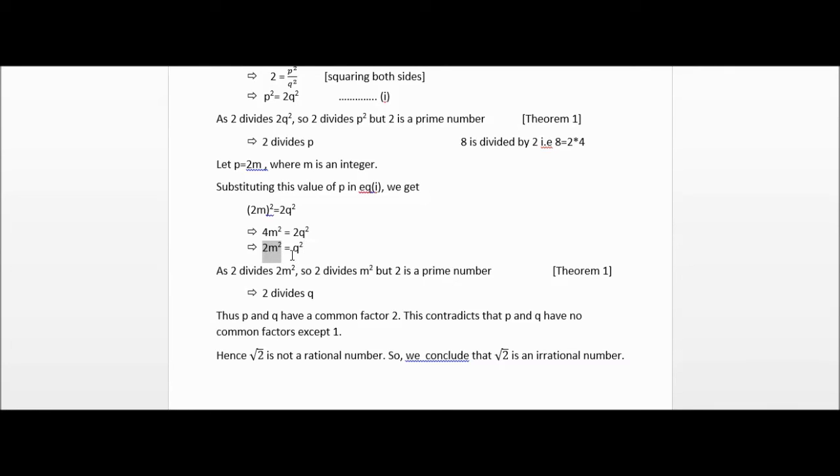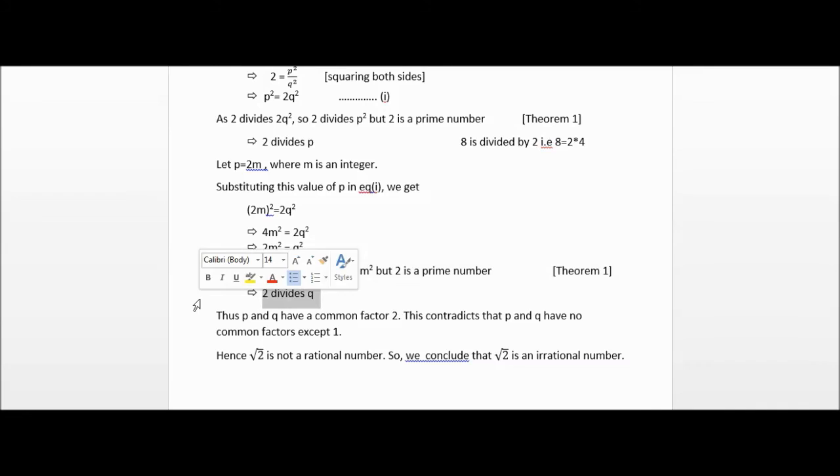So if 2m square is divided by 2, that means q square is also divided by 2. As 2 divides 2m square, that means 2 divides m square. But 2 is a prime number, which was our theorem 1. So as 2 divides m square, from theorem 1 we can say that 2 divides q.